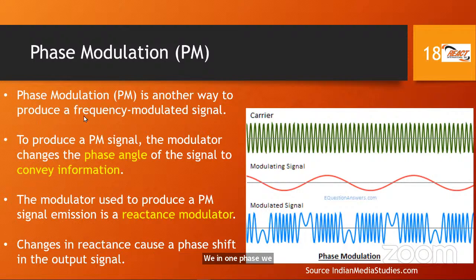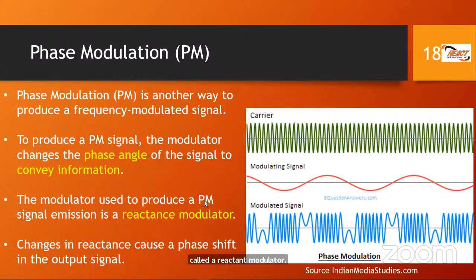So PM, or phase modulation, is another way to produce a frequency modulated signal. To produce a PM signal, the modulator changes the phase angle of the signal to convey information. So what is being changed here is the phase angle of the sine wave. The modulator used to produce a PM signal is called a reactance modulator. Nothing to do with the organization React. It's a reactance modulator.